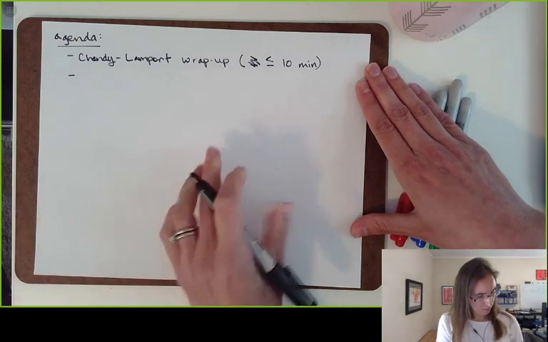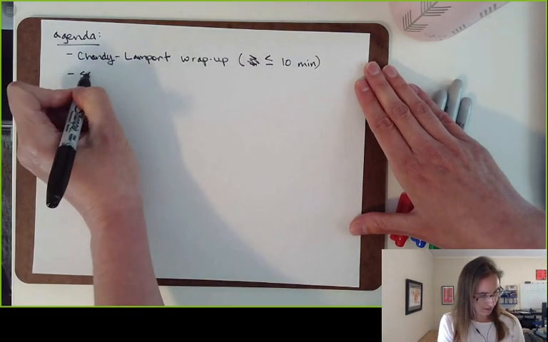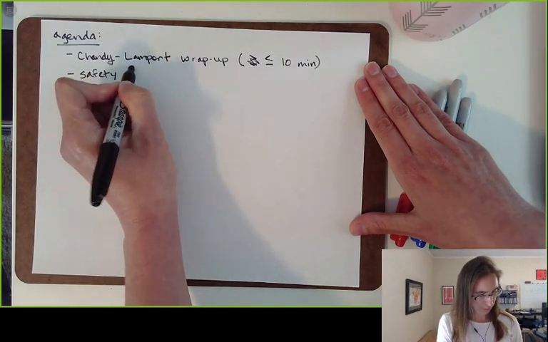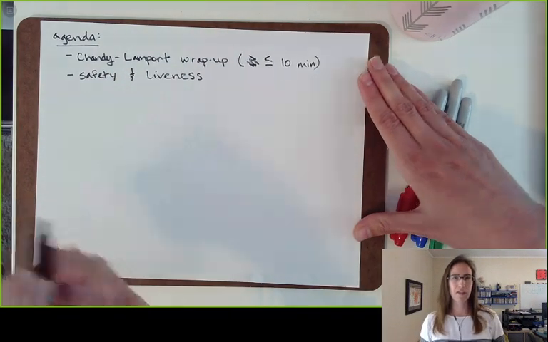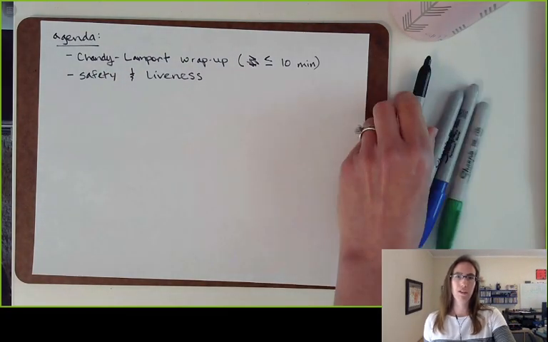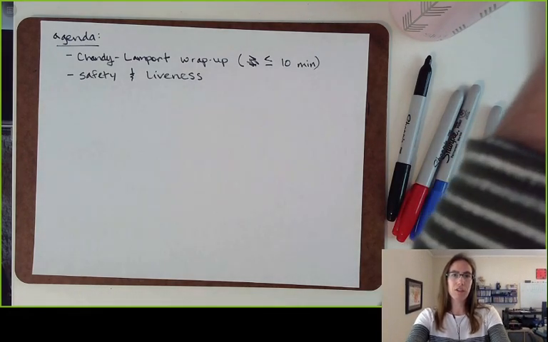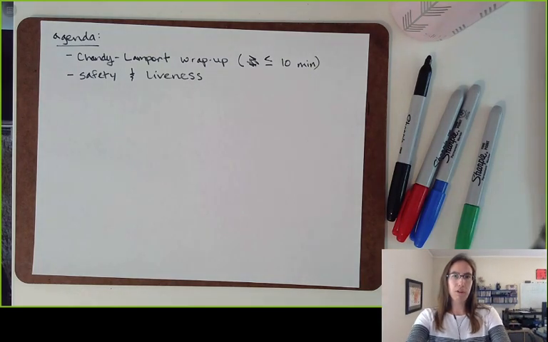So I want to talk about safety and liveness, which are things that we've kind of touched on already, but we haven't really formalized our discussion of them. This is going to be our lead-in to a new section of the course where we're going to be talking about fault tolerance. So today we're going to begin our discussion of fault tolerance.